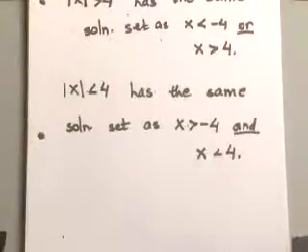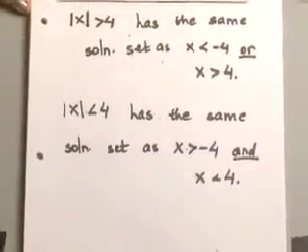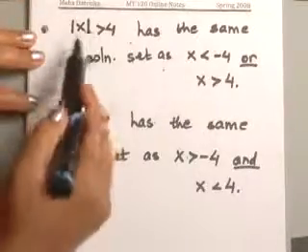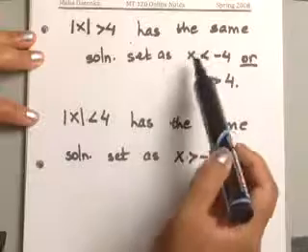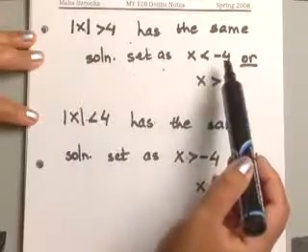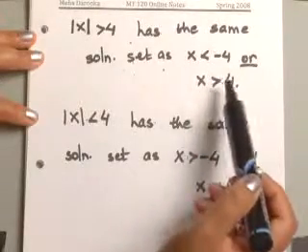If I'm going to write this as an inequality, I can write it in this form: absolute value of x greater than 4 will have the same solution set as x less than negative 4 or x greater than 4.